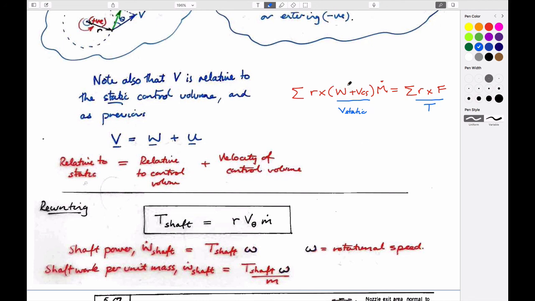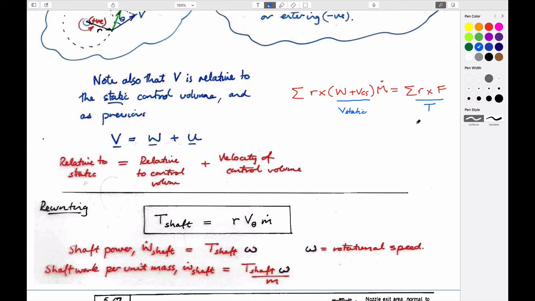And if we can figure out exactly what the magnitudes of the velocities of the control surface and the velocity of the fluid coming out of the system are, and know the radius at which it's defined, then we can equate both sides to be able to look at those behaviors.